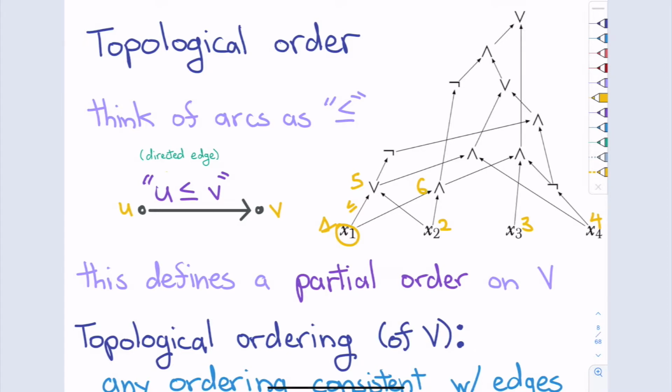Okay. 7? This one? Okay. I realize it's a little hard to describe maybe, but just go for it.